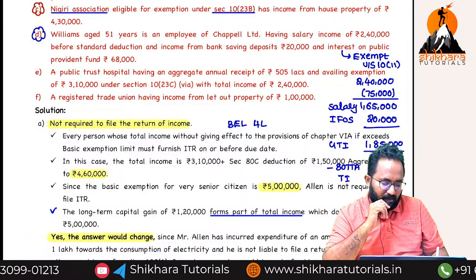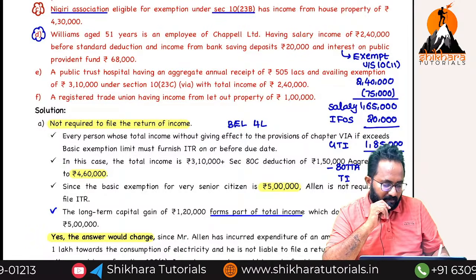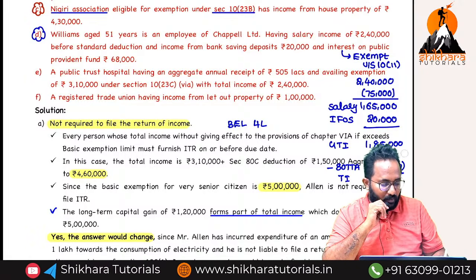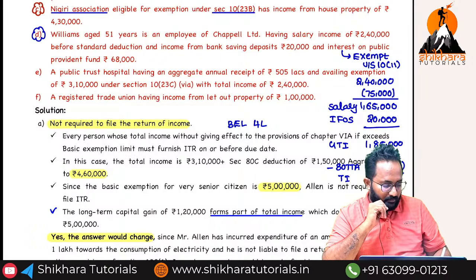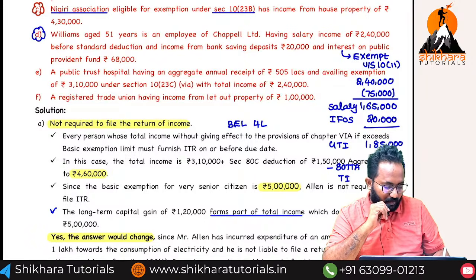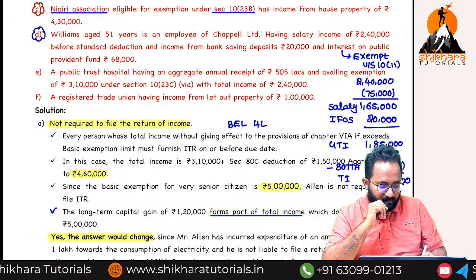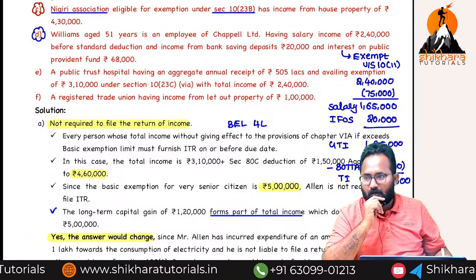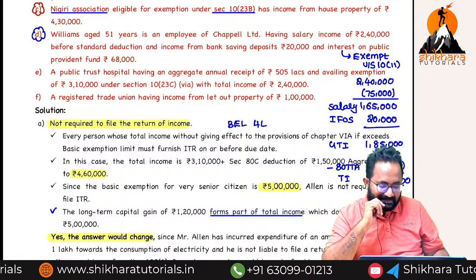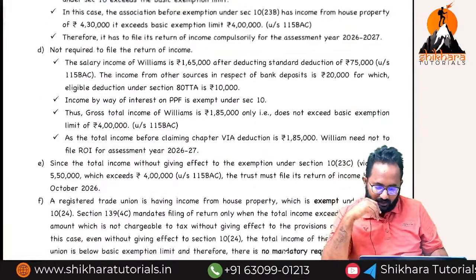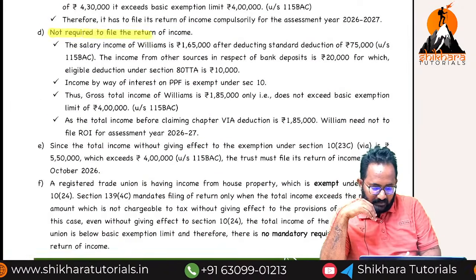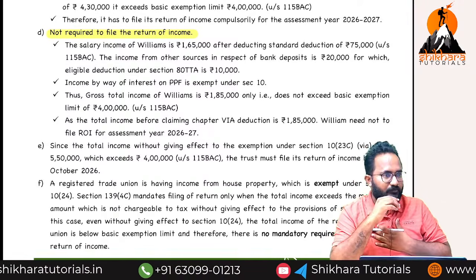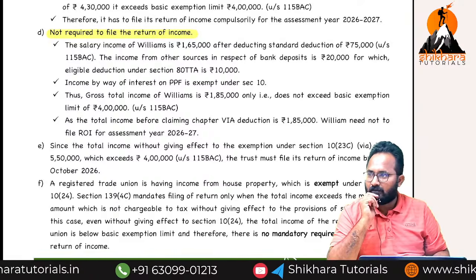You can compute in this way, but remember one more thing: in the exam, what we have to compare is whether the return is required to be filed or not. In the exam, only gross total income and the basic exemption limit you have to compare. So can you tell me the answer, required or not required? Not required. Sir, here they have not mentioned anything about the regime. That's why I am taking the assumption that he is following 115BAC.